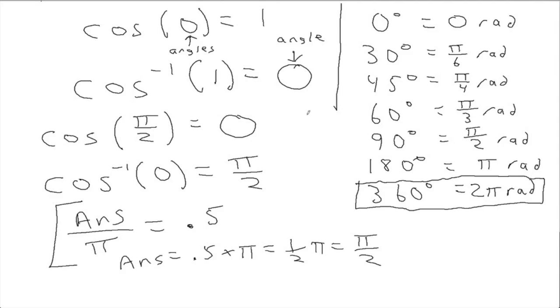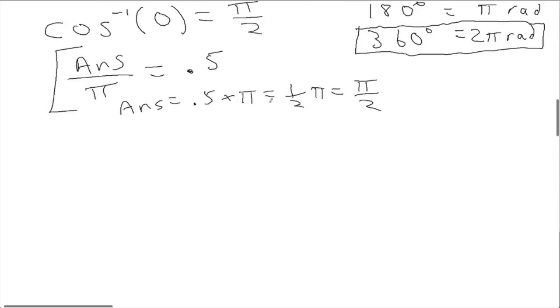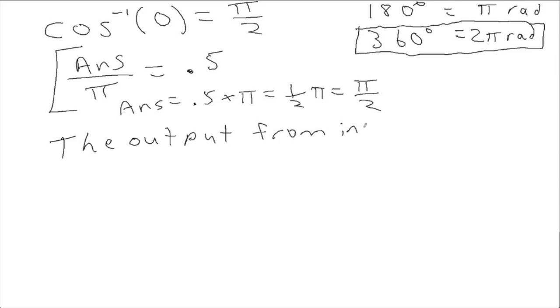And what units do we measure angles in this class? Radians. And what number often appears when you're measuring in radians? Pi. So that's my point. The output from inverse trig functions often is a multiple of pi. Let's write that down. Not always, but often.